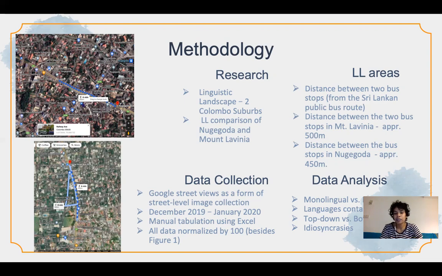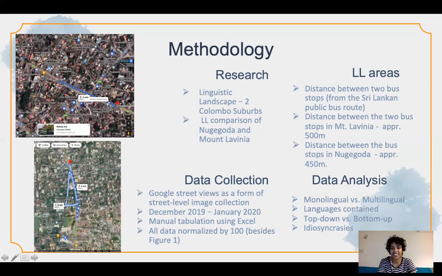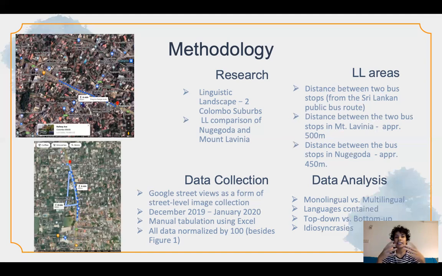All the data has been normalized by 100, and the data analysis has been broken down in terms of monolingual versus multilingual, language contained, top-down versus bottom-up, and idiosyncrasies. And I do have to point out the limitations, of course, that the analysis will be limited by the data that I've utilized and will be applicable to that data.